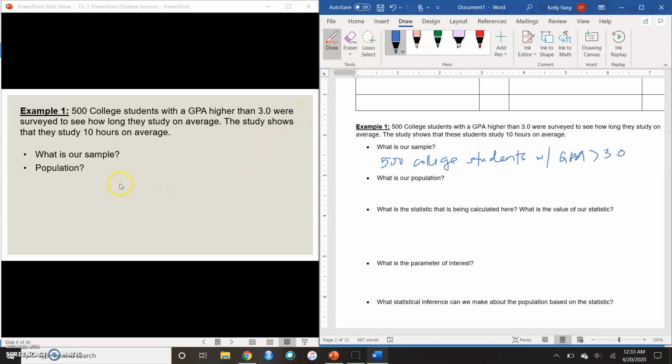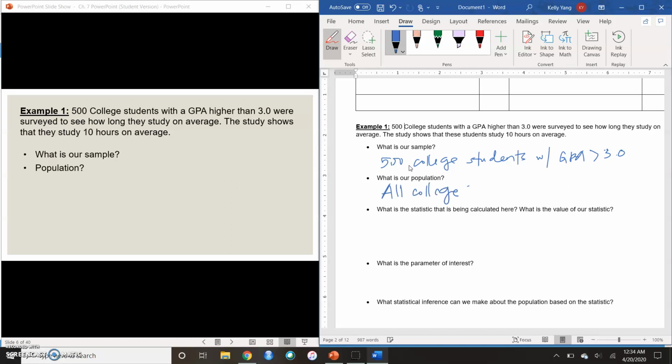Now that we have our sample, we want to look at the population. This is very easy to do because if we have our sample ready and we know that the sample comes from the population, then we can just make a generalization on what the population may be. If the sample consists of the 500 college students with a GPA higher than 3.0, then the population should be all college students with a GPA higher than 3.0.